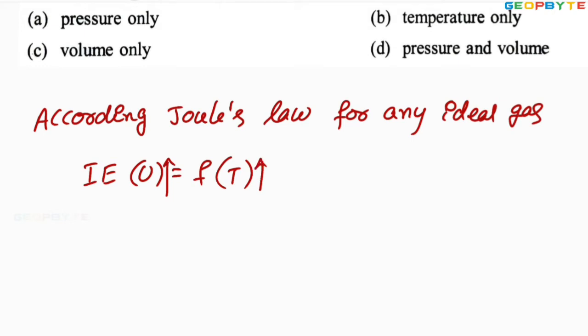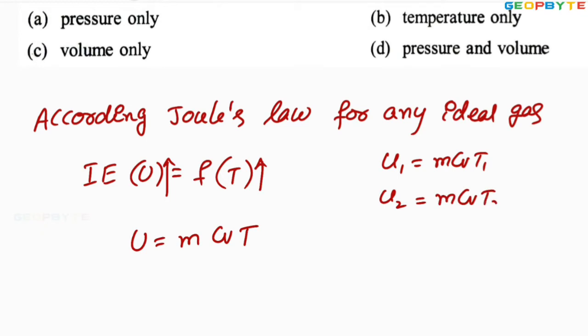The internal energy general formula is m into Cv into T, where m is the mass of the gas, Cv is the specific heat at constant volume, T is the temperature. Then I can say internal energy at state 1, U1 equals mCvT1, internal energy at state 2, U2 equals mCvT2.